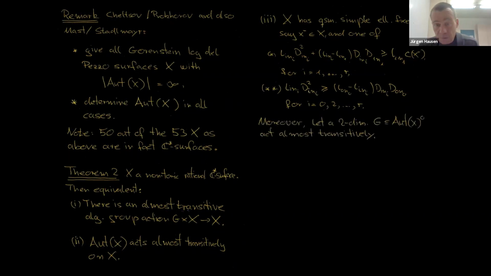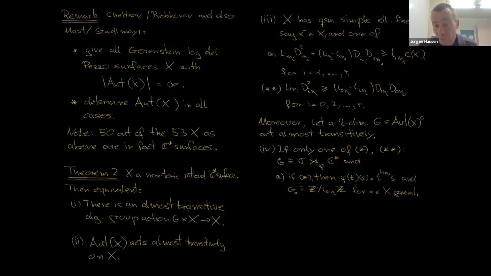Now we may ask which types of groups can act with an open orbit on our surface. Here's the answer. If only one of these series of inequalities, star or double star from above, holds, then our G is a semi-direct product of C and C star with twisting homomorphism phi. And if we are in the situation of star, then we can say what the twisting homomorphism is.